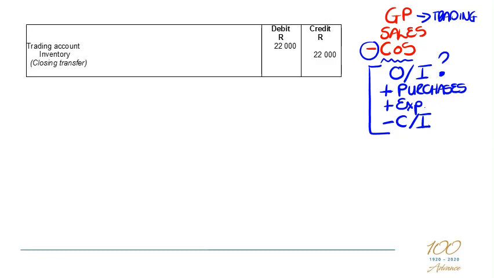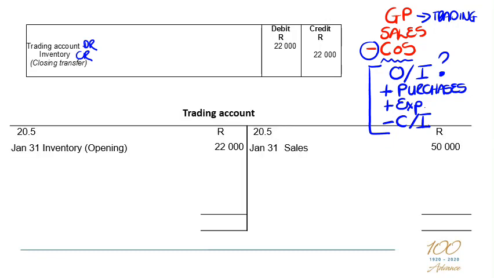So to get rid of that debit, I would credit the inventory account and I have a corresponding debit in the trading account. So in my trading account, I have my increase for sales on the credit side, and now I'm starting to calculate my cost of sales by transferring the opening inventory to the debit side of the trading account.